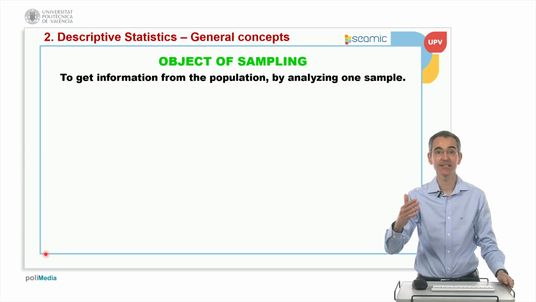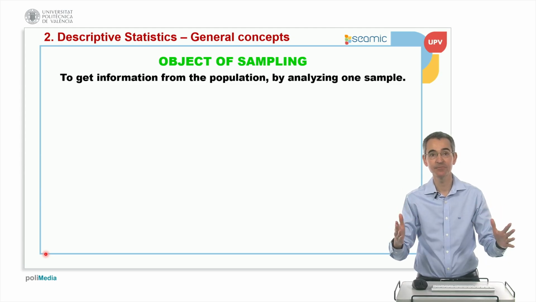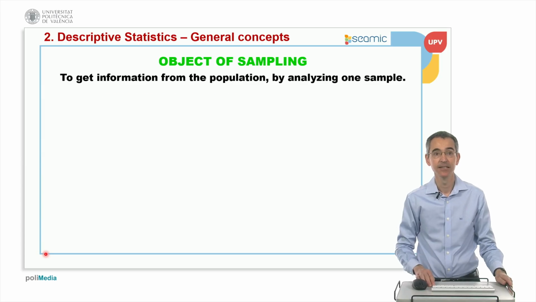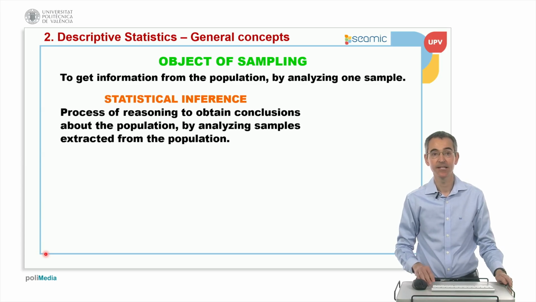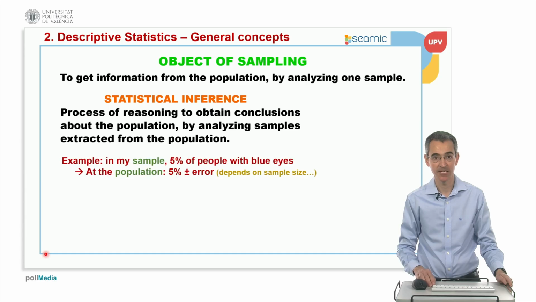So the object of sampling is to get information from the population by analyzing the sample. And we give the name of statistical inference to this process of reasoning to obtain conclusions about the population by analyzing samples extracted from the population.